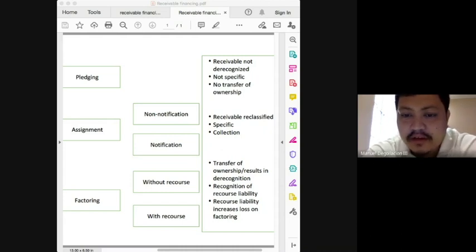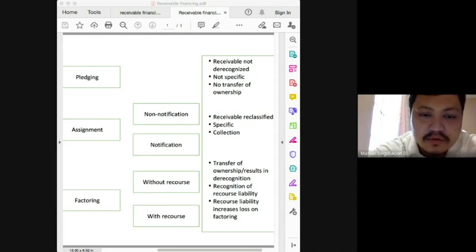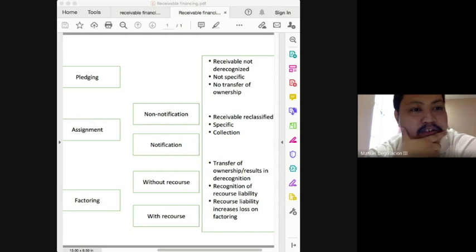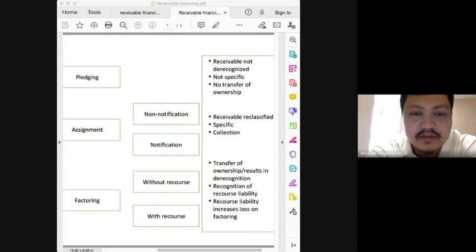Okay. Going back to factoring with recourse, it's not a big problem for us to enter into such an arrangement, especially if it will allow us to get more out of our receivables. For example, the 2 million receivables, if it is with recourse, what if the factor will pay 1,900,000 because it is with recourse?